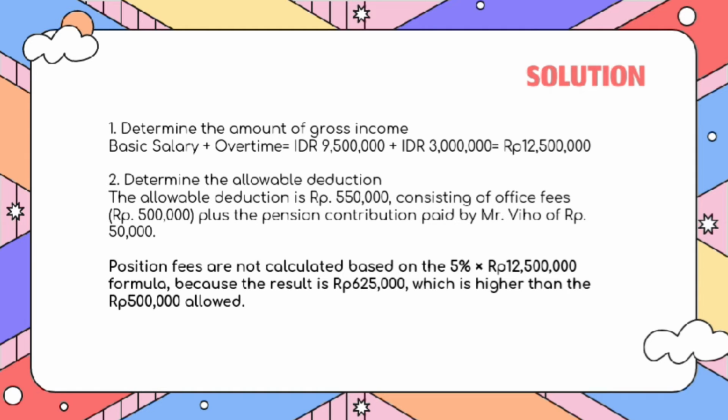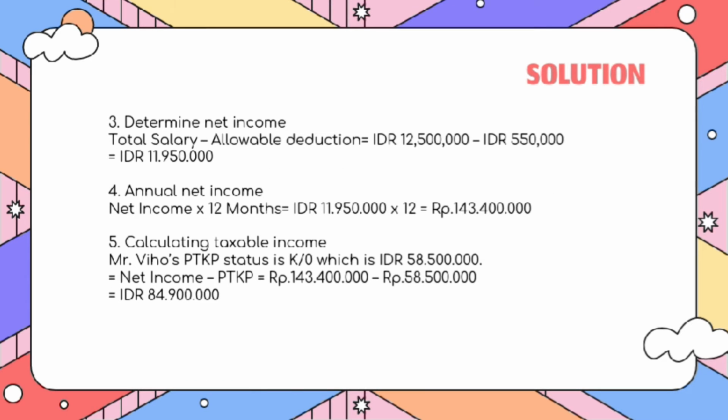Position fees are not calculated based on the 5% times 12,500,000 rupiah formula because the result is 625,000 rupiah, which is higher than the 500,000 rupiah allowed. Next, we should determine the net income. We can get the net income by deducting the allowable deduction from the total salary, which gives 11,950,000 rupiah.